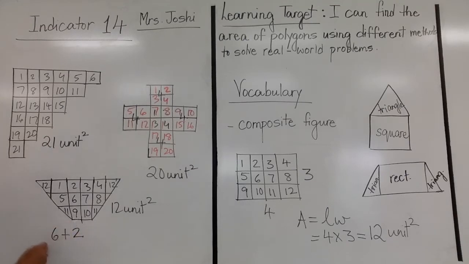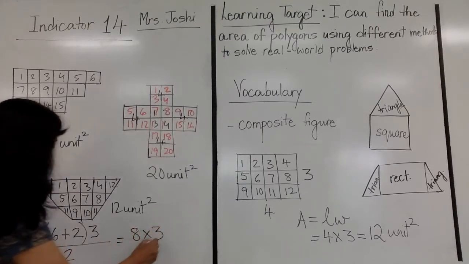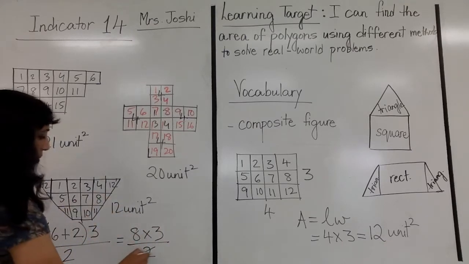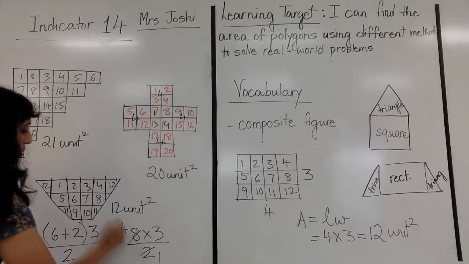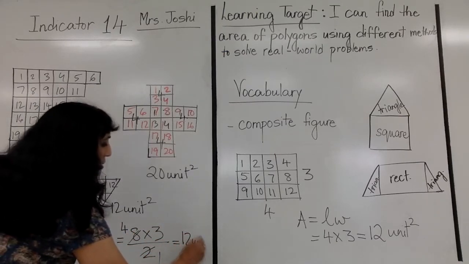I'm just showing you the formula. So this height is 1, 2, 3, divided by 2. Then 6 plus 2 is 8 times 3 divided by 2. So then I would get 1 here, and 4 times 2 is 8, and 4 times 3 is going to give me 12 unit squared.